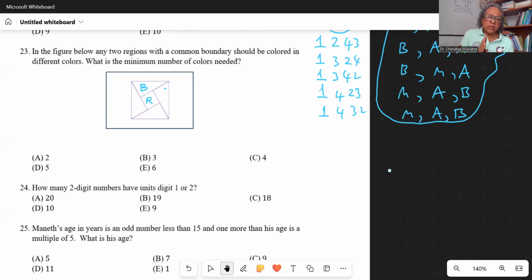So we can't color this region, where the dot is, in blue or red. So we need to use a different color. So let's use yellow. Now, if you look at the region where I put a dot right now, it actually borders with the red region and the yellow region. So there's no problem in coloring it in blue.